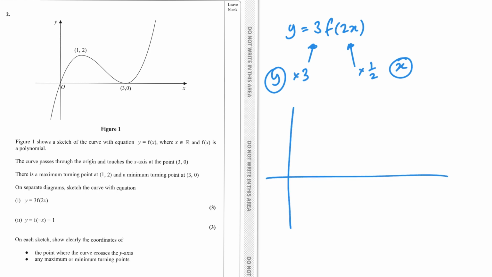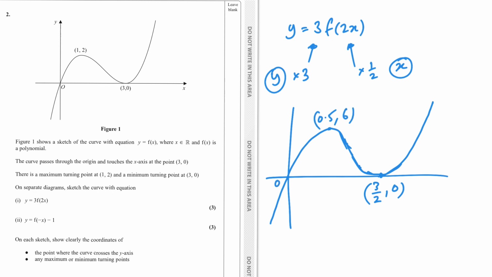It's on a separate set of axes, so you can just pretty much copy the shape of the graph, and all you need to do is get your values right. My x values are going to be cut in half, and my y values are going to be tripled. So these will then be my values: half of 1 is a half, and 2 times 3 is 6. And obviously 0, 0 is going to stay the same.